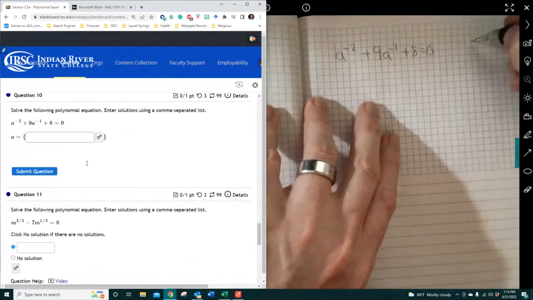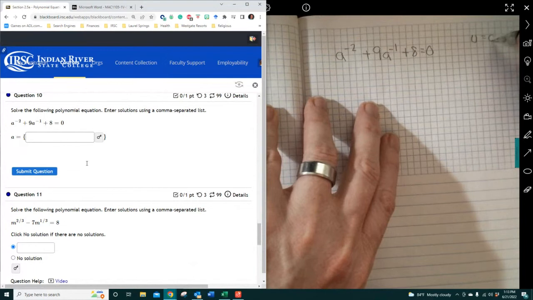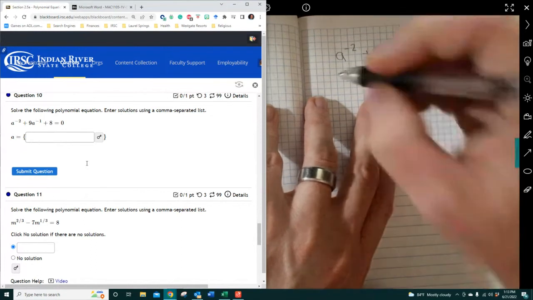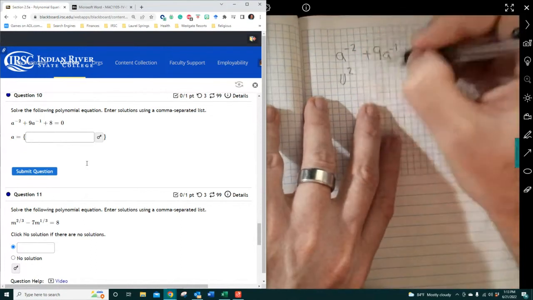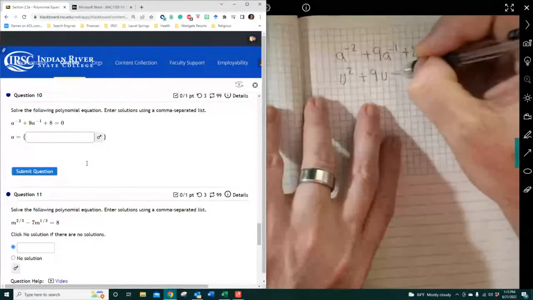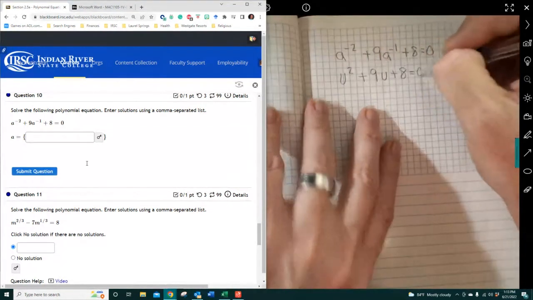All right, so now I bet you can figure out what I'm going to write. u equals a to the negative first, and then u squared, because you're squaring it, would mean a to the negative second. So that means we have u squared plus 9u plus 8.